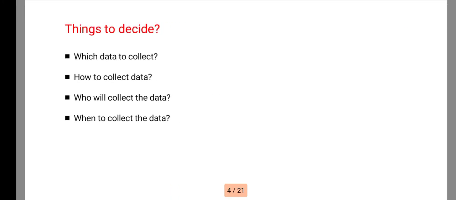You have to decide which data to collect and how to collect data, and who will collect the data. Obviously the researcher himself, or in case the researcher is not available or is not able to collect data, then obviously he will choose someone else.